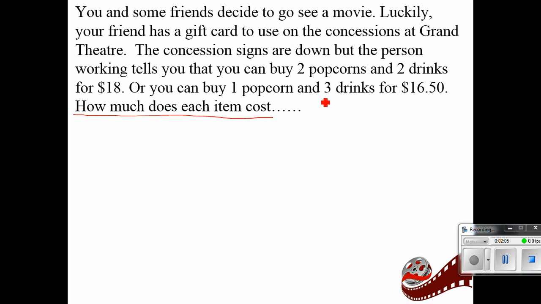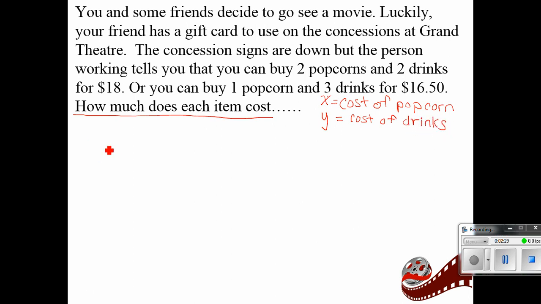And then we need to set up some variables to represent it. So maybe we're going to let x equal the cost of popcorn. And then maybe we're going to let y equal the cost of the drinks.